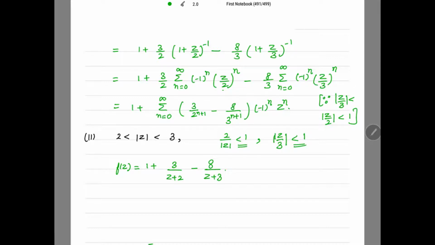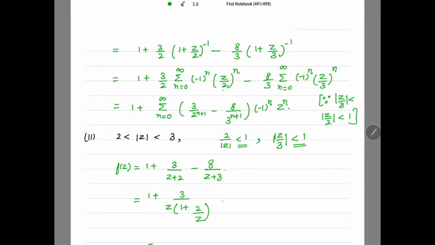So now f(z) is 1 plus 3 over z plus 2 minus 8 over z plus 3. Now for the second term, 3 over z plus 2, what should I take common? Because I need 2 over z, I should take z common, and I will be getting 1 plus 2 over z.